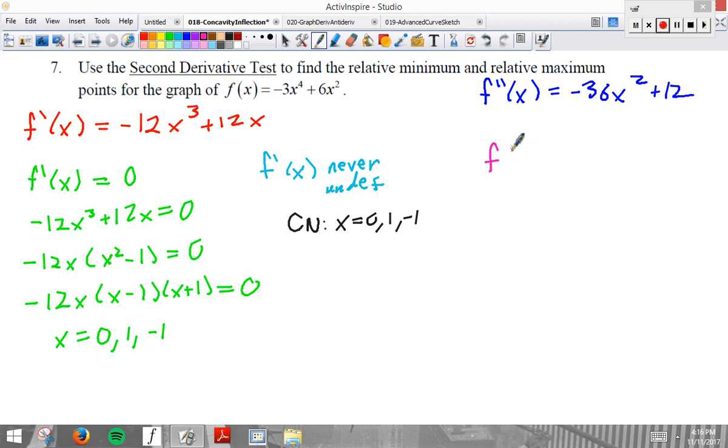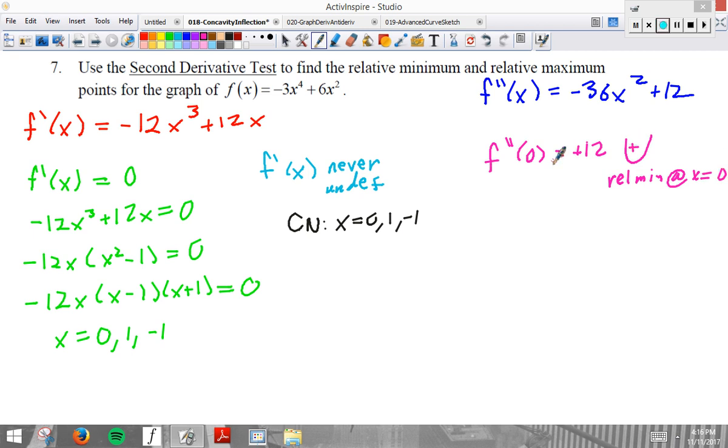So f double prime of 0 is negative 12, positive 12, sorry. That's a positive number, which means we'll have a relative min at x equals 0. That's as simple as it is.